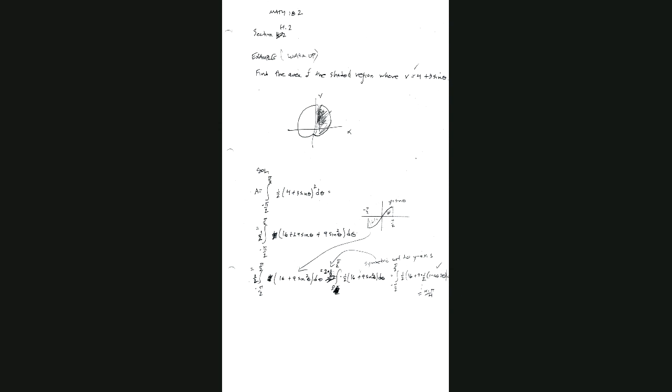Okay, so limits go from 0 to pi over 2. So I'm doing live integration here. Hopefully it'll work out. It's always embarrassing when it doesn't, but I hope to get 41 pi over 4. Are there any questions so far?